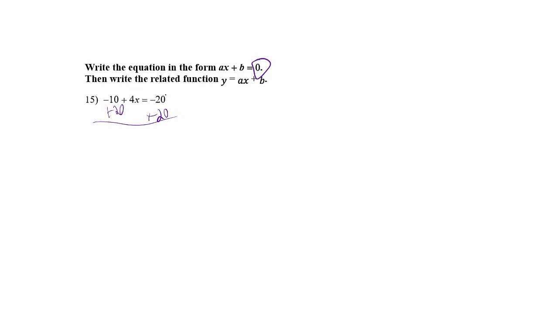And that gives me, I'll rearrange this, I'll put 4x first. And then -10 plus 20 is 10, and that equals 0 because I got rid of everything that was on the right side, so there's nothing left to go over there. This is ax plus b equals 0 form because we have a number x plus a number equals 0. We're going to change this now to the related function y equals ax plus b.